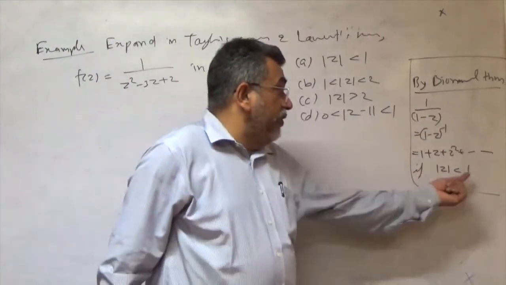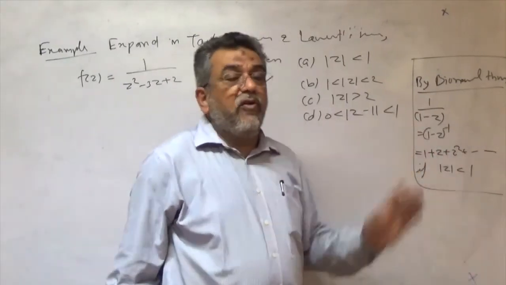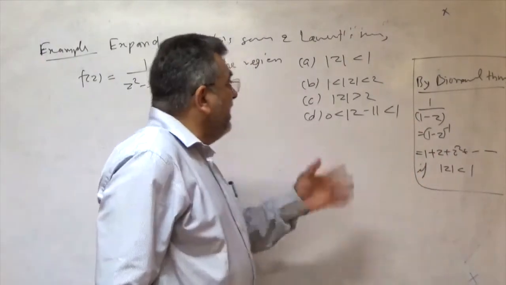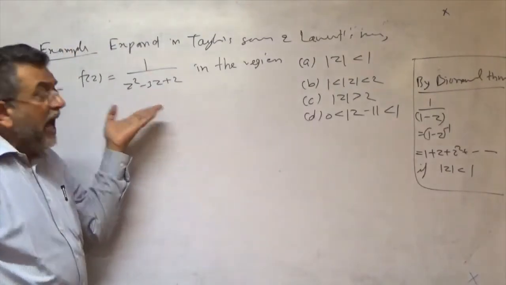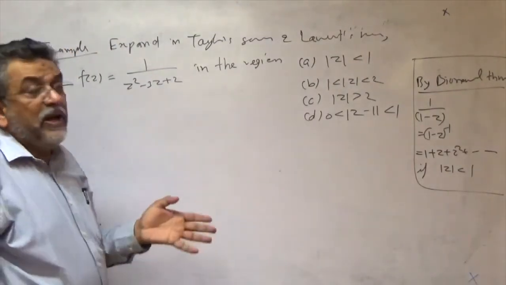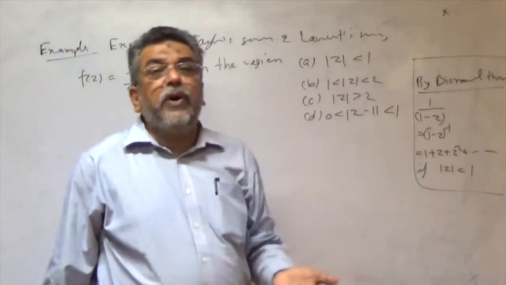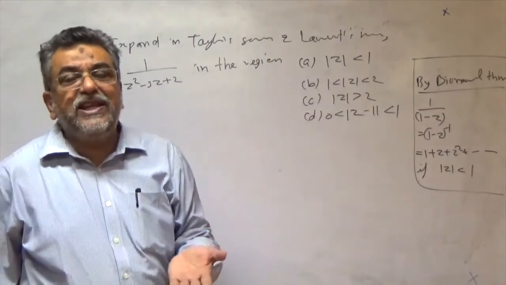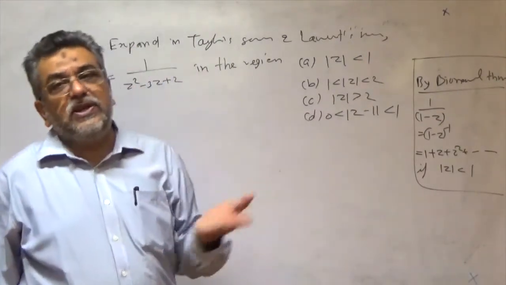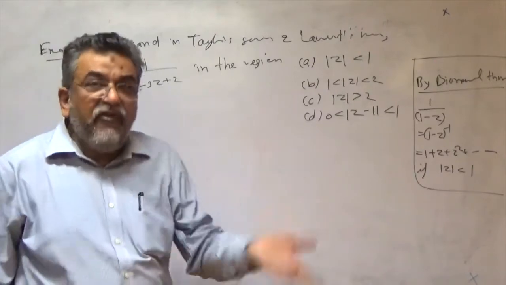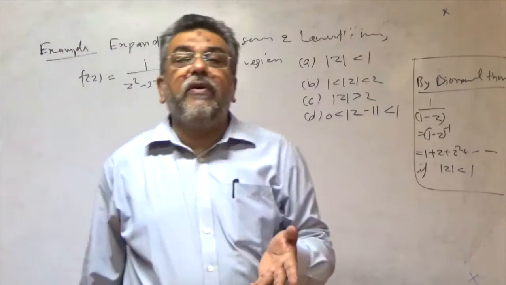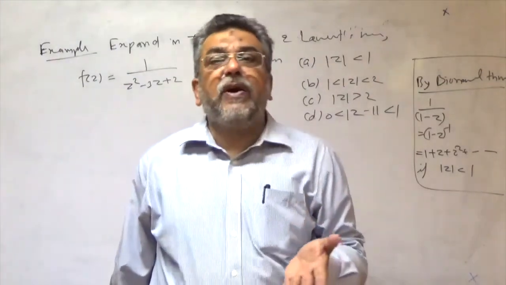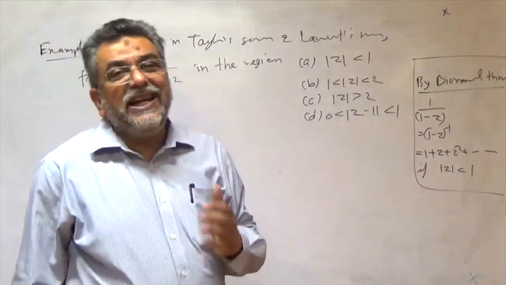If the common ratio is less than 1, we can expand this. So we use this technique to expand, and in this expansion, if we get only positive powers, then we say that it is Taylor's expansion, Taylor's series.